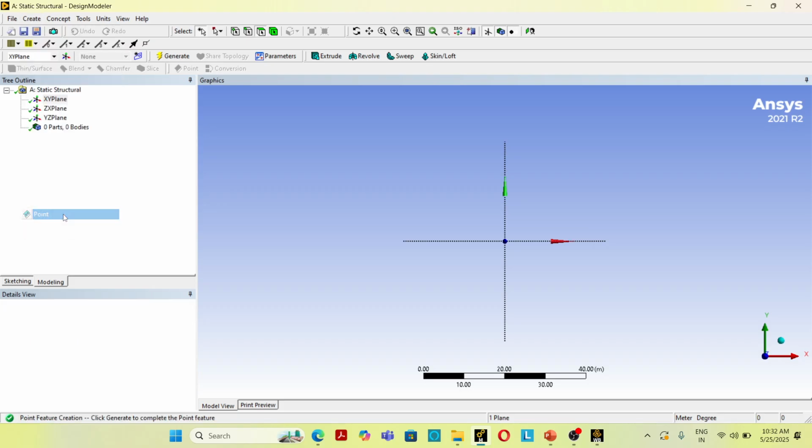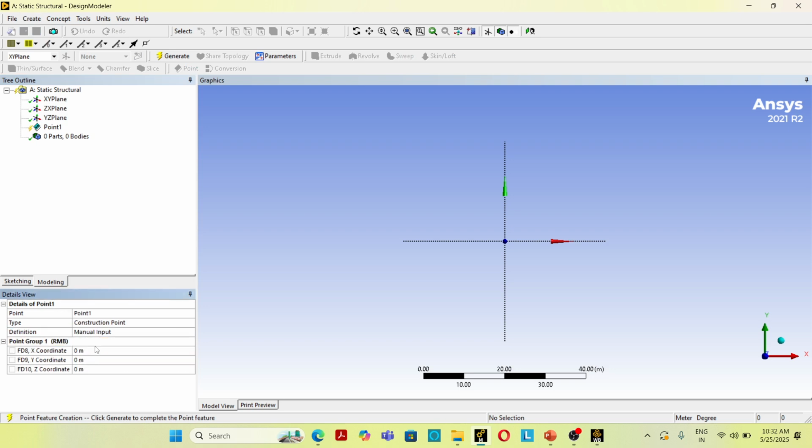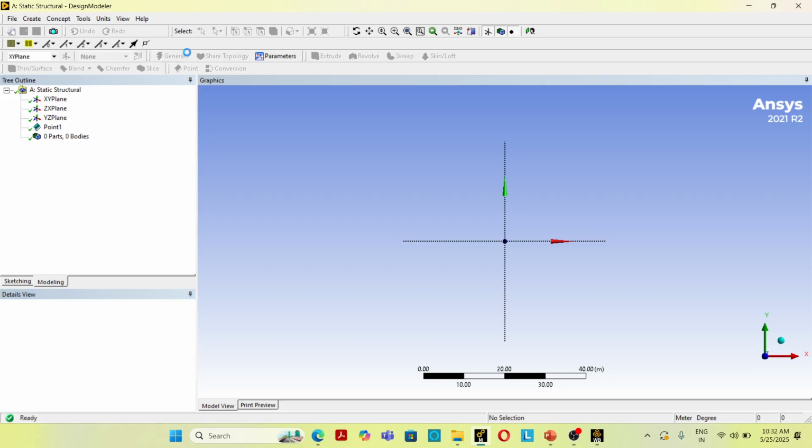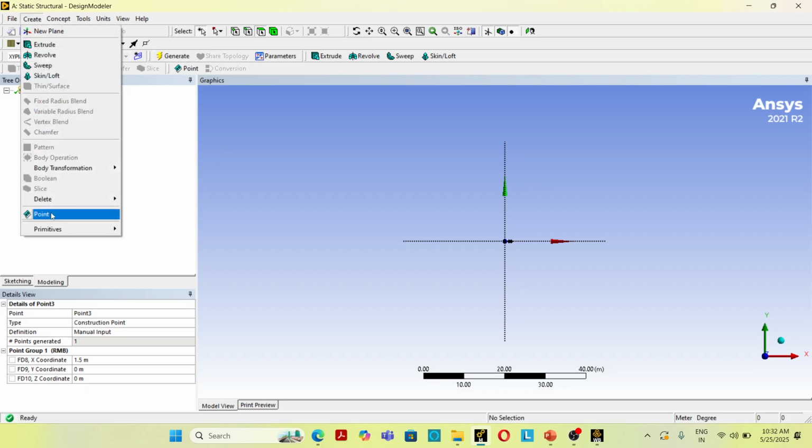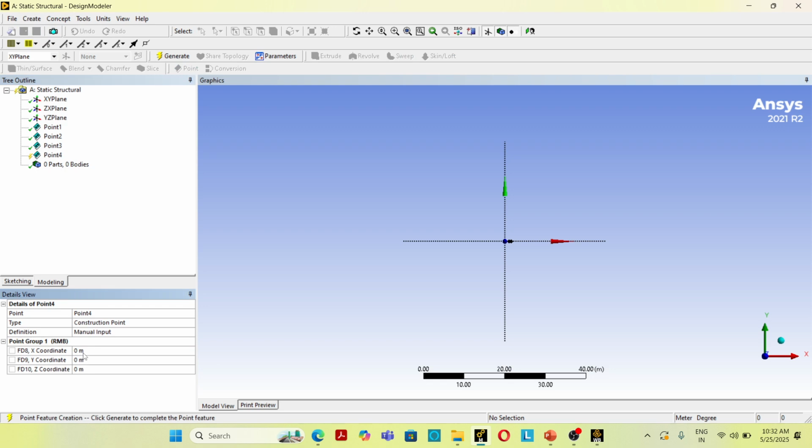go to create points, manual input 0, 0, 0, generate, again create points, manual input 1, 0, 0, generate, again create points, manual input 1.500, again create points, manual input 2.500.